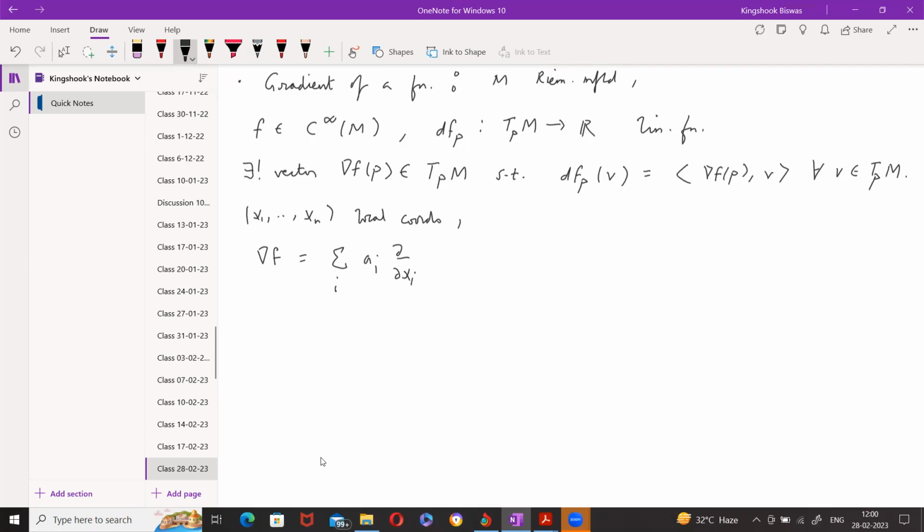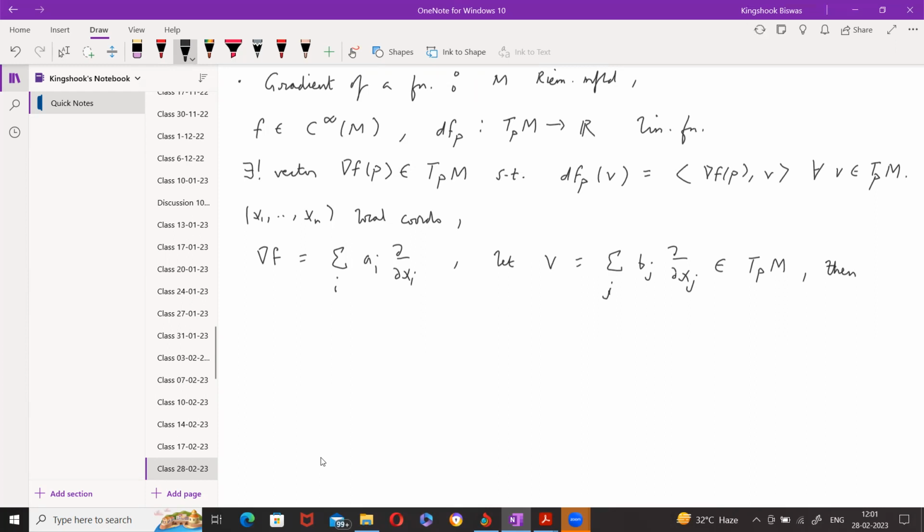And suppose I take a vector v, which is summation bj del del xj, in TPM.